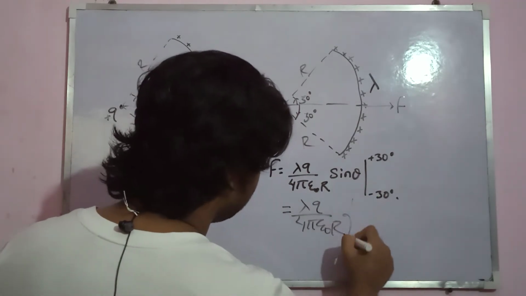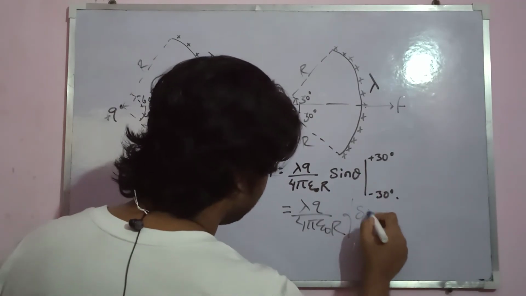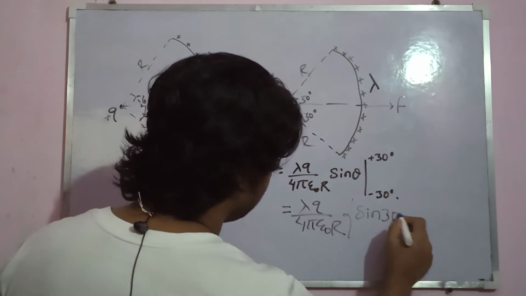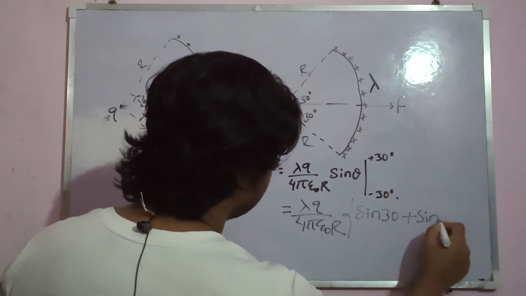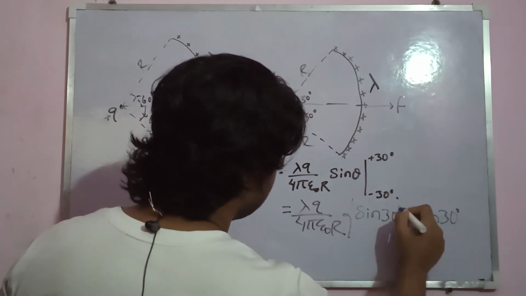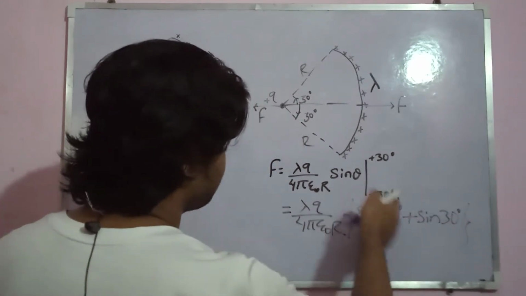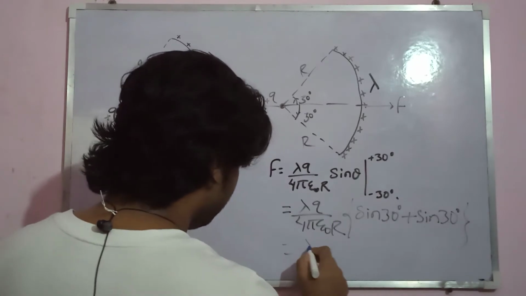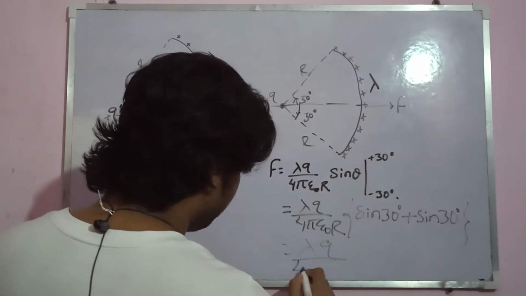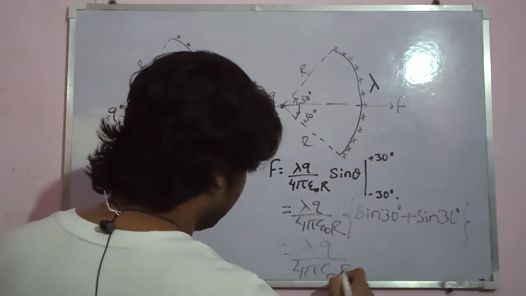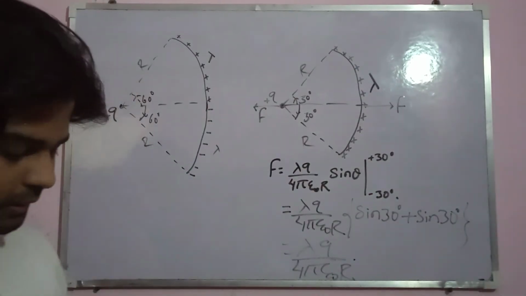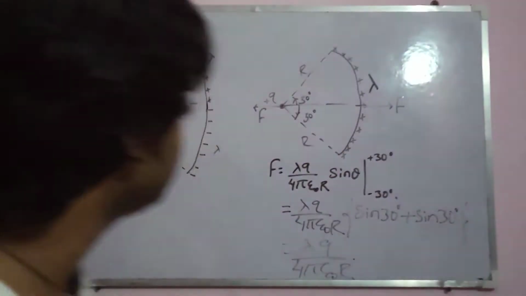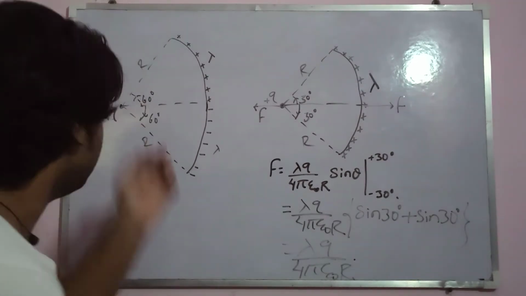Sine plus 30 will be sine 30 plus sine 30. This is minus plus, so I get 1 by 2, so it will be 1. Lambda q by 4 pi epsilon naught r. This is my result: the force by only the positive linear charge density over q is this.